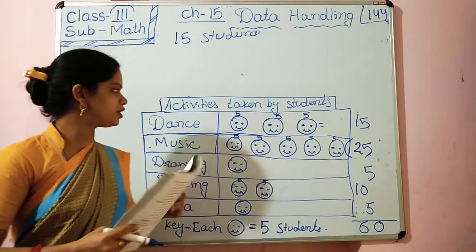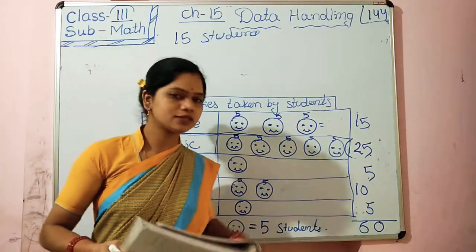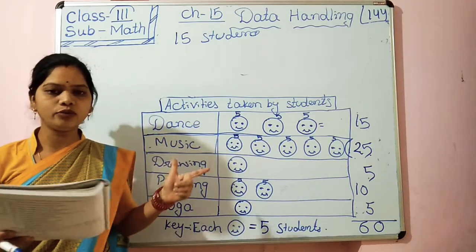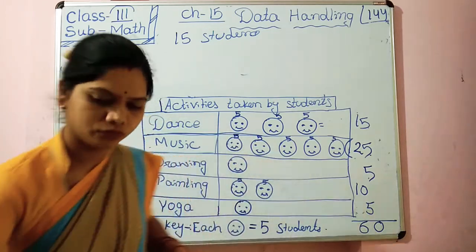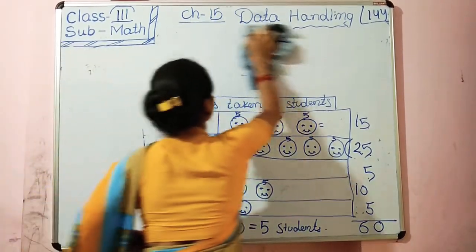The total number of students taking part in the activities is 60. Okay, in this way we have to read the pictograph. Let's do the next example.